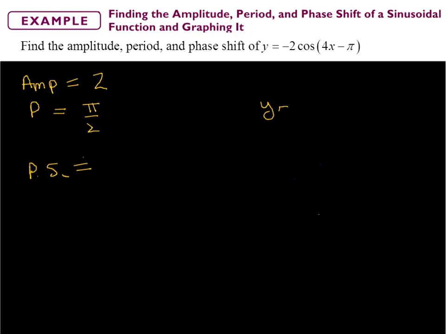Okay, so here's what we want to do. A lot of you are right. We have to change this into the shifted form. So we're going to factor out the 4, and we're going to say this is x minus pi over 4.